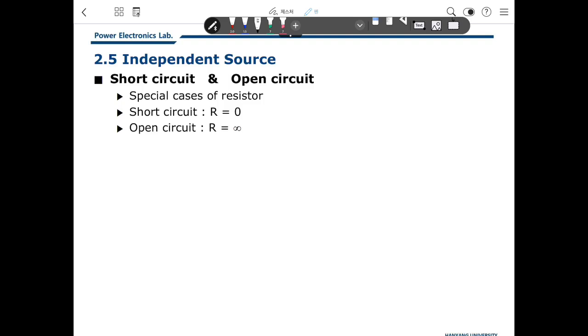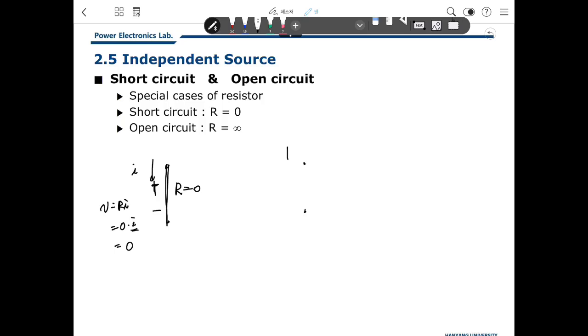The short circuit and open circuit can also be described from the viewpoint of the resistor. When you say this point and this point form a short circuit, that means R is 0. Because R is 0, even if some current I flows, what is the voltage difference between the two points? V is R times I, and because R is 0, no matter how much current flows, it's always 0. So we can say this is a short circuit.